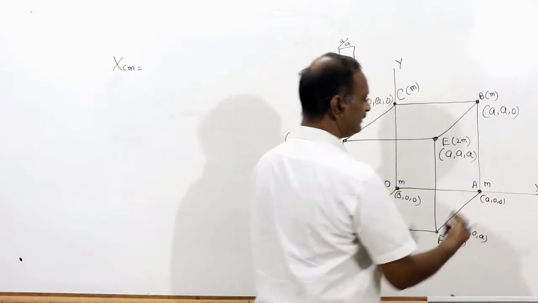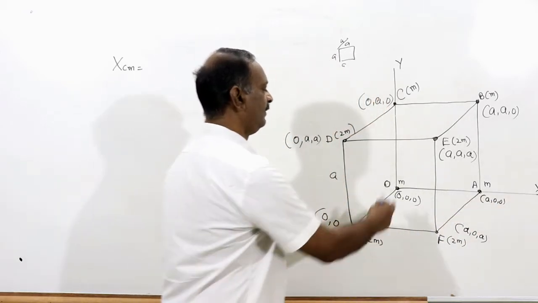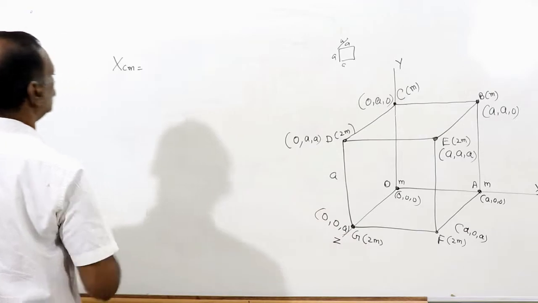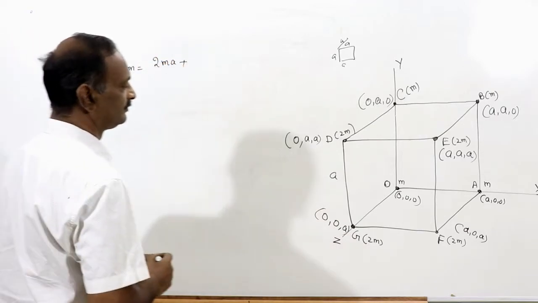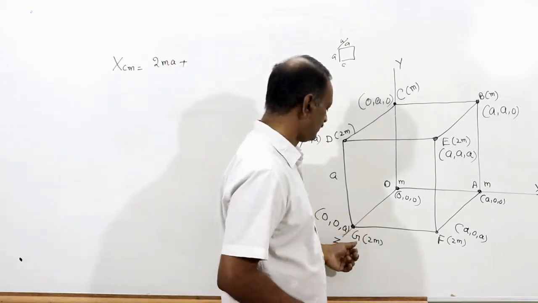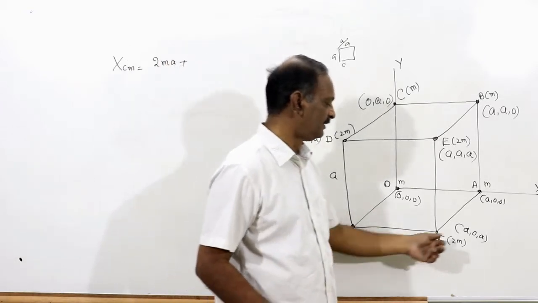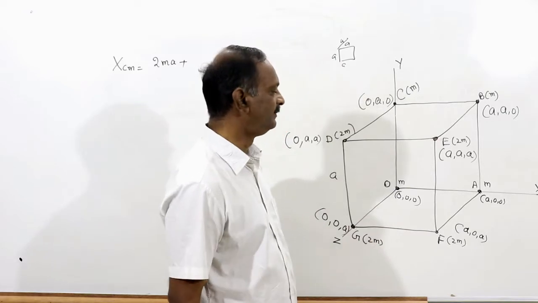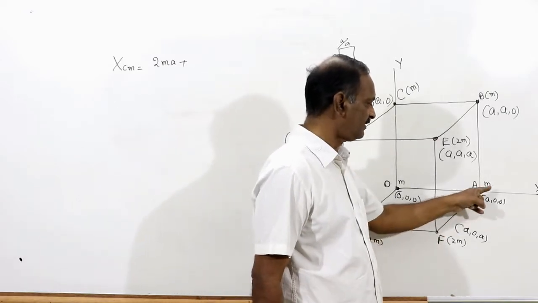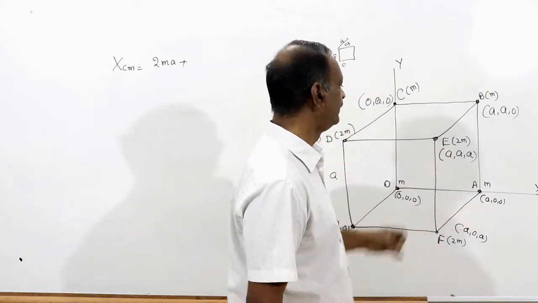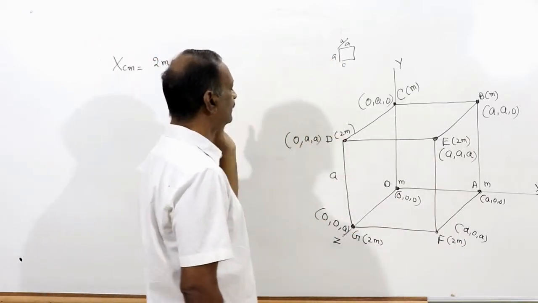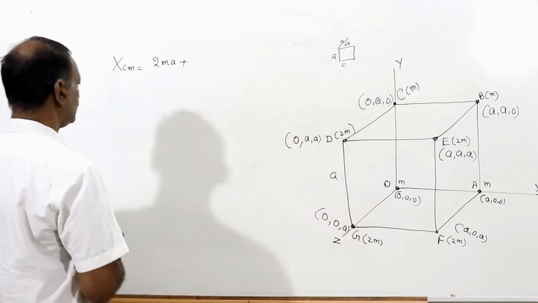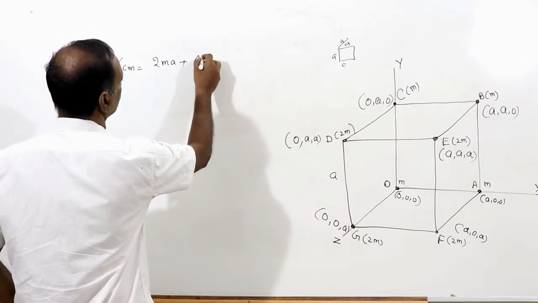M into A is MA. M into 0 is 0. So 1 plus 1, 2 MA. Plus, for these coordinates, 2M into 0, 2M into A is 2 MA, plus 2M into A is 2 MA, and 2M into 0. So it is 2 MA plus 2 MA, equal to 4 MA.